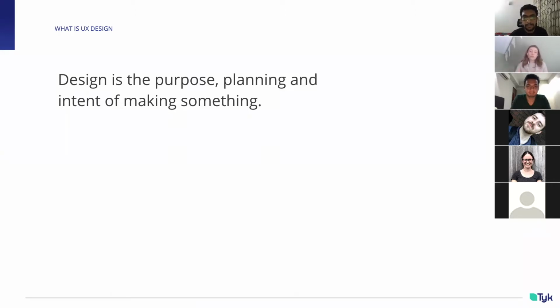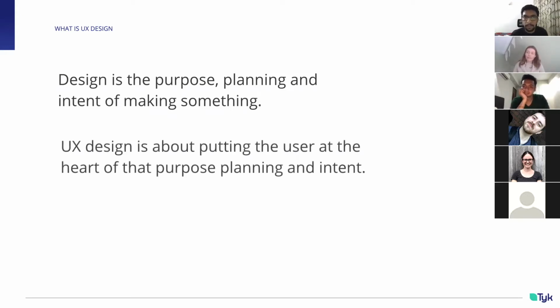The term user experience wasn't actually coined until the 90s, but we all know that design has been around for hundreds and thousands, millions of years, because everything is designed. So UX design follows on from that principle, but it's about putting the user at the very heart of that purpose, planning, and intent that is the foundation of design.